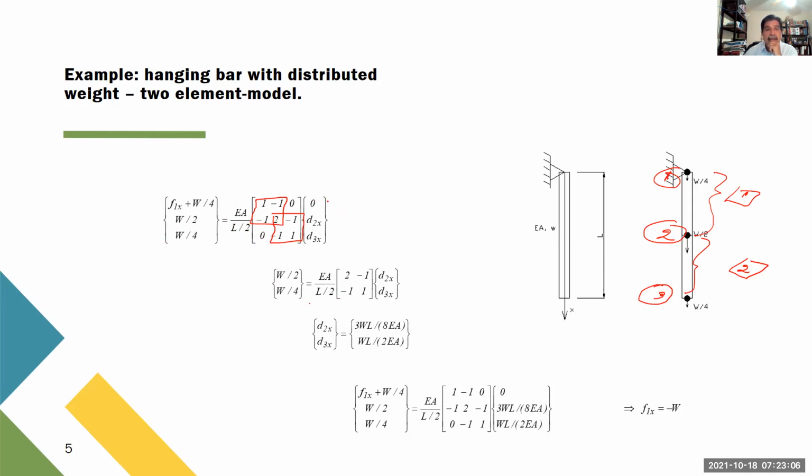Here, this is the boundary condition. It's a geometric boundary condition. Because this is a geometric boundary condition, we could solve. Okay, this is unknown. So that's 1, and we have 2 displacement unknowns, so we have 3 equations, 3 unknowns.